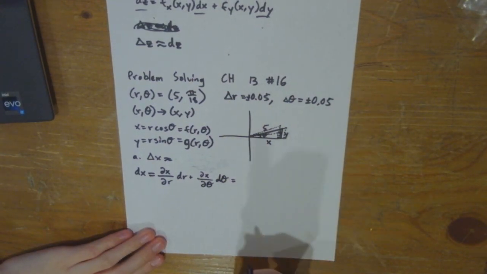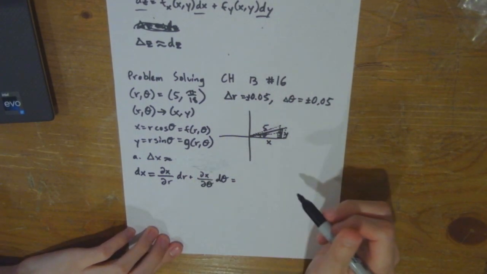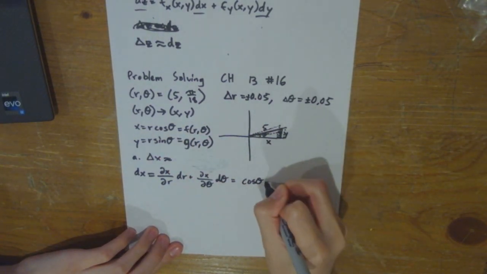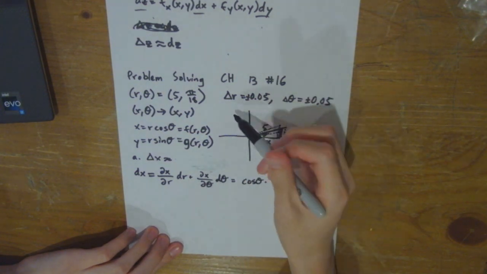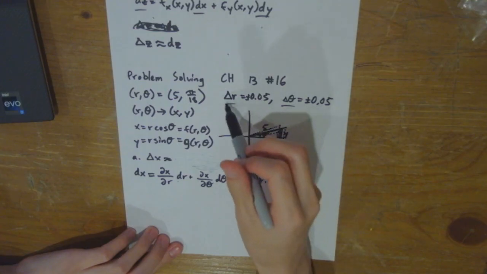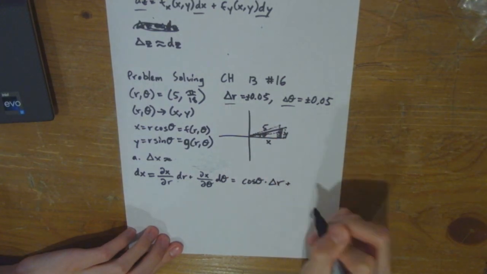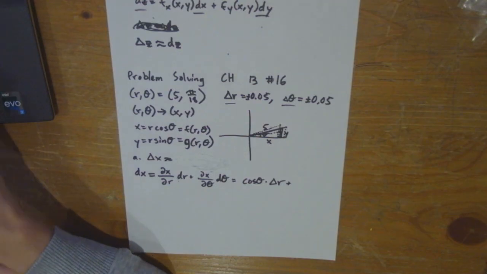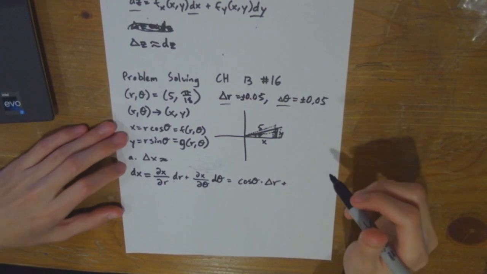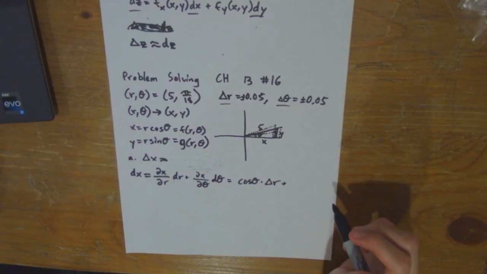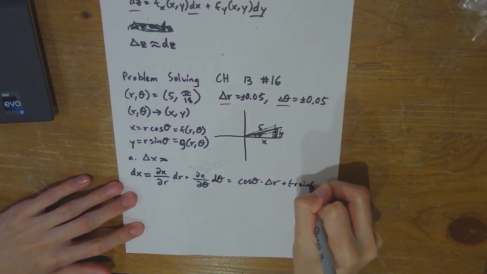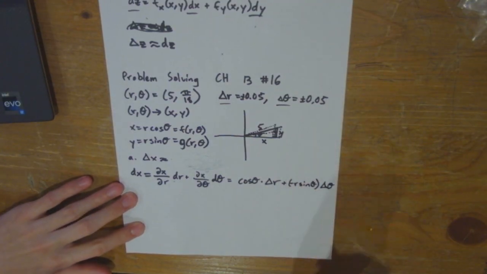Here, the partial derivative of x with respect to r is just cosine theta. Since we're dealing with delta r and delta theta, we can write dr and d theta as delta r and delta theta here. This is simply what we do for linear approximation. And let's take the partial derivative of x with respect to theta. So this is negative r sine theta times delta theta.